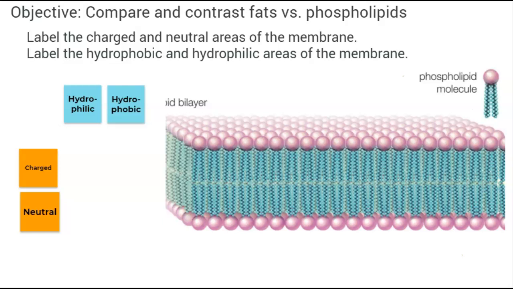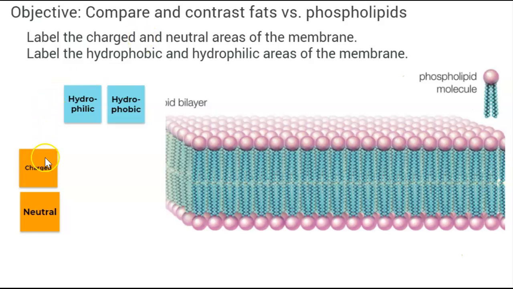So just really quickly, pause here and tell me what area of the membrane is neutral, what area of the membrane is charged, and then where are those hydrophobic and hydrophilic areas.